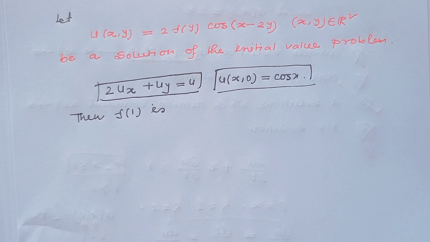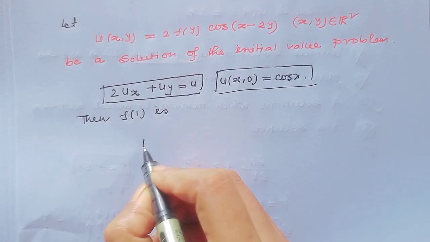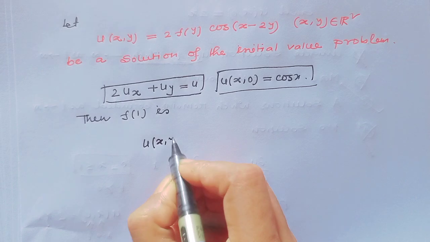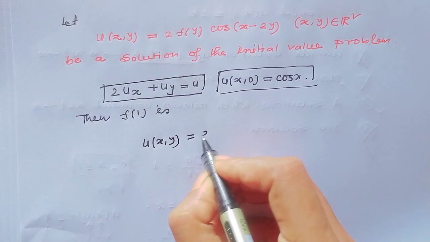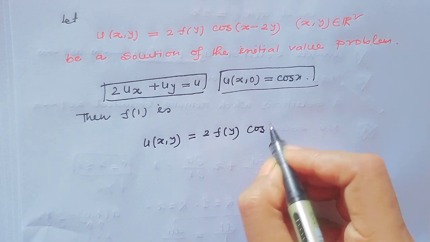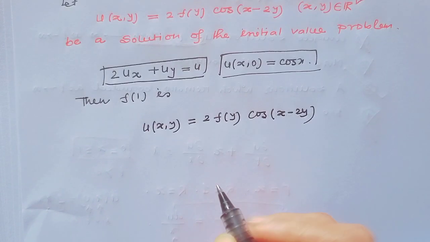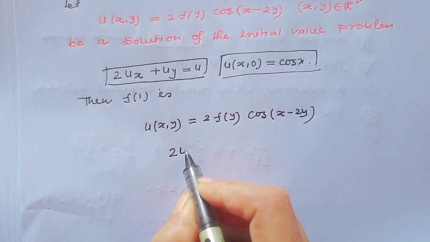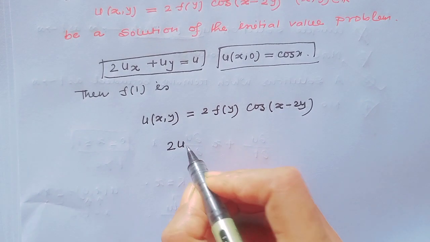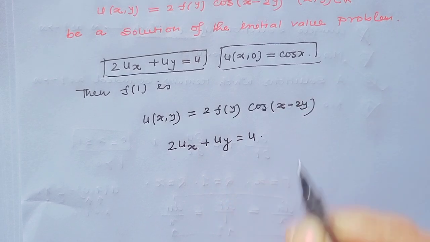Notice, here the equation is u(x, y) equal to 2f(y) cos(x minus 2y), and the equation is 2u_x plus u_y equal to u.